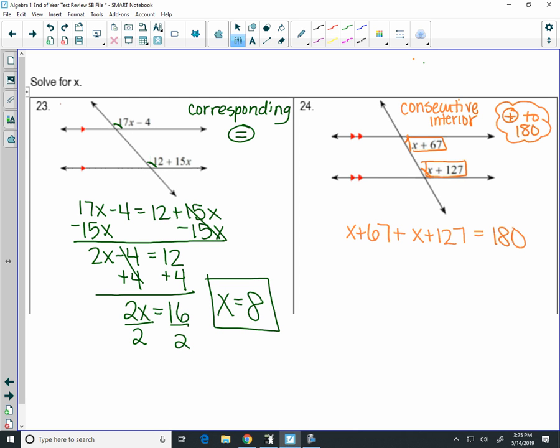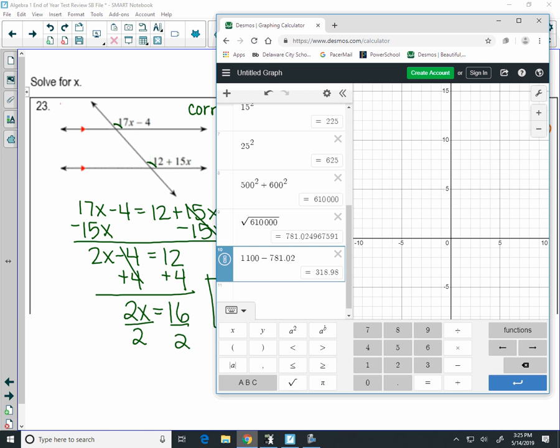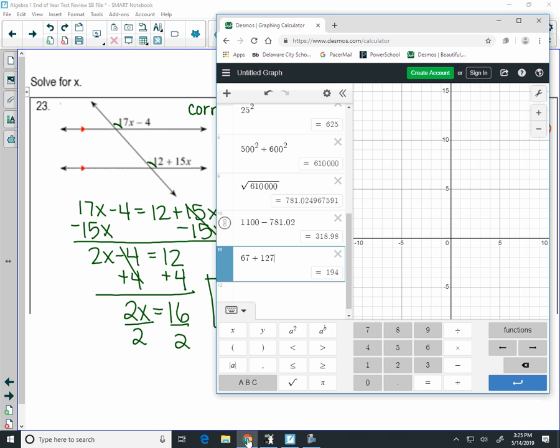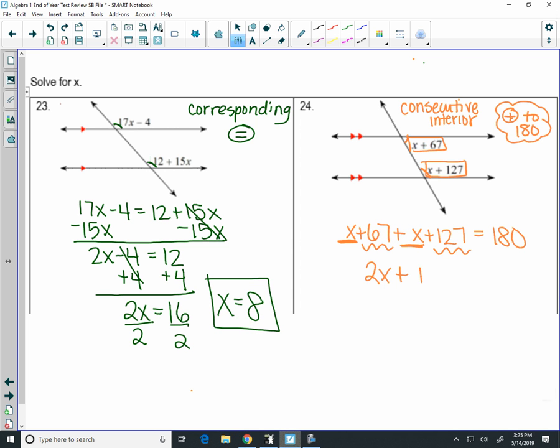All right, now we're going to combine like terms. We can't move across the equal sign yet. I have an x here and another x here. That's 2 x's. I have 67 and 127. Remember, when we're on the same side of the equal sign, we go with the signs that are there. So in your calculator, you're doing 67 plus 127. Now we can move across the equal sign.